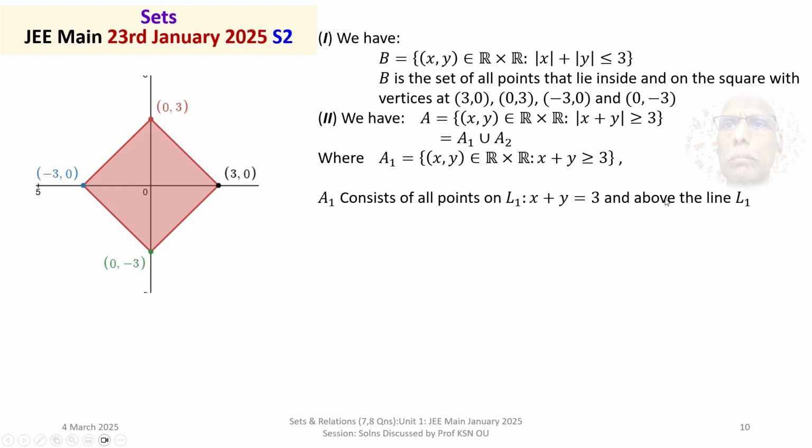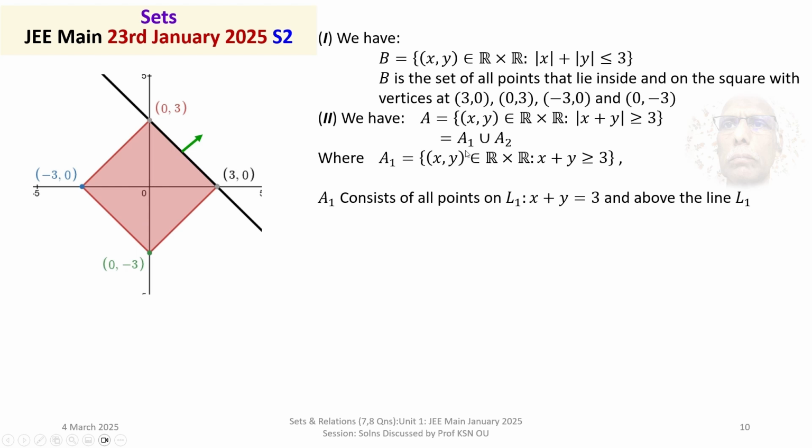Why this above the line? Now take your convenient point 0, 0, substitute in this. 0 greater than or equal to 3 doesn't satisfy. Therefore, this region A1 is that region in which 0, 0 is not present. That means it is the line and above it.